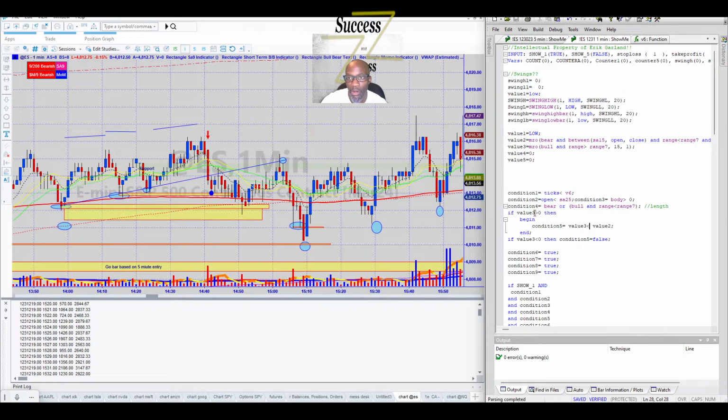Oh, that's because I'm dealing with the wrong thing. Okay, so I put if value 3 is greater than 0, I need to be saying if value 2, which is the bearish candle, excuse me, if value 2 is greater than 0, then begin condition 5, value 3 must be less than value 2.